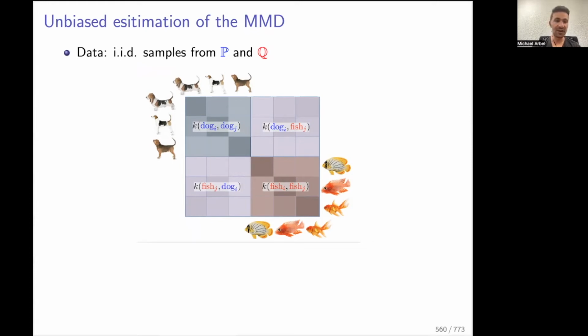Given samples from P and Q, we can arrange them to compute a similarity matrix on which the diagonal blocks correspond to the intra-class similarity, the similarity within samples of the same distribution, and the off-diagonal blocks correspond to the inter-class similarity, that is, similarity between dogs and fish, or samples between two distributions.